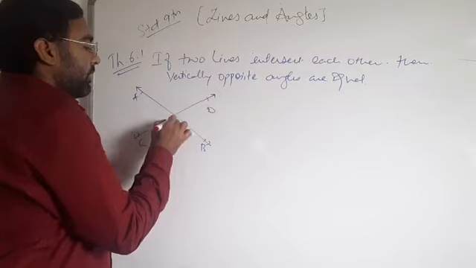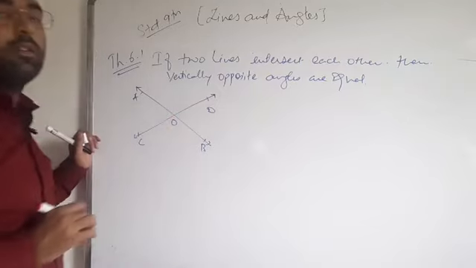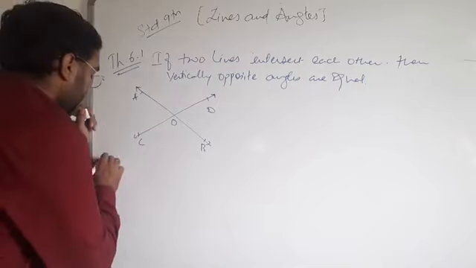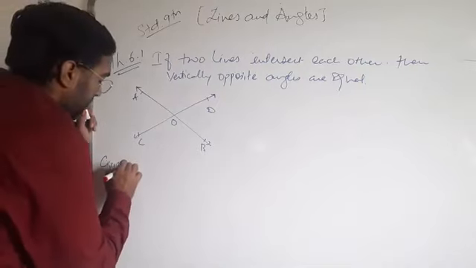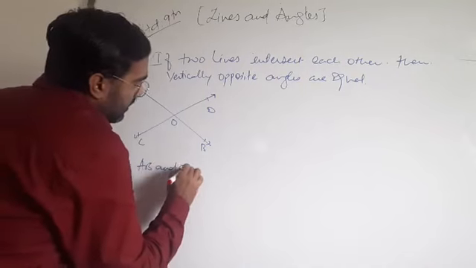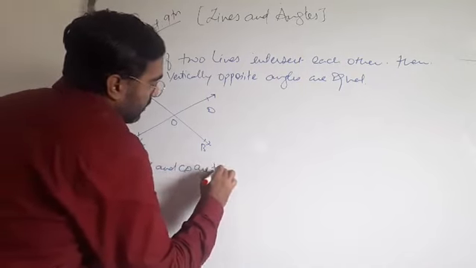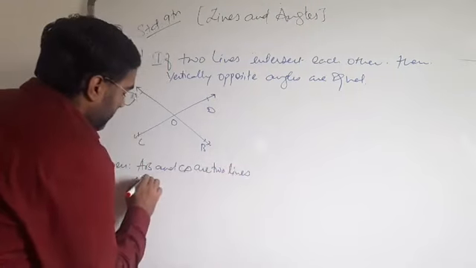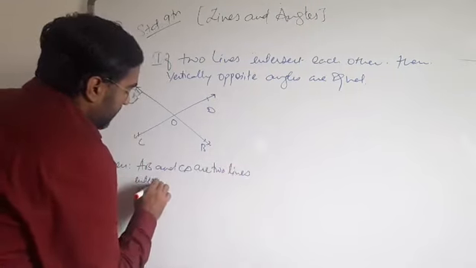Here is the intersecting point O. So given that AB and CD are two lines intersecting at O.